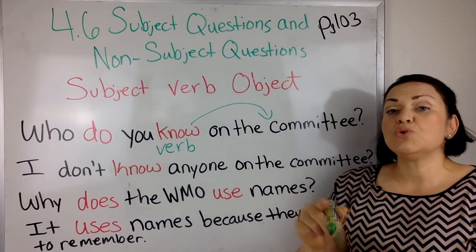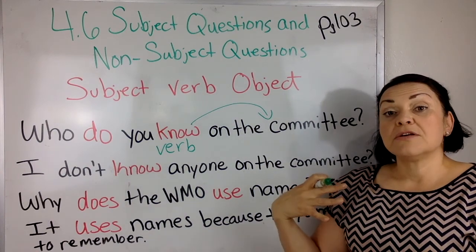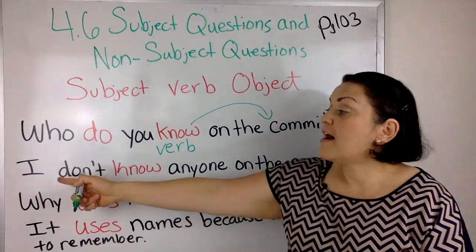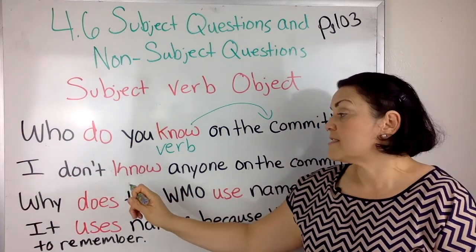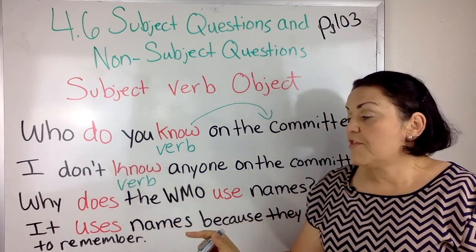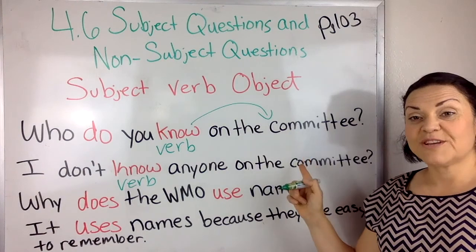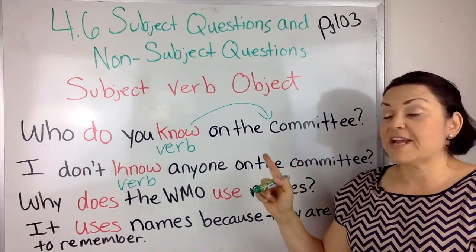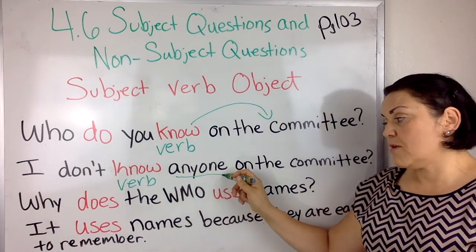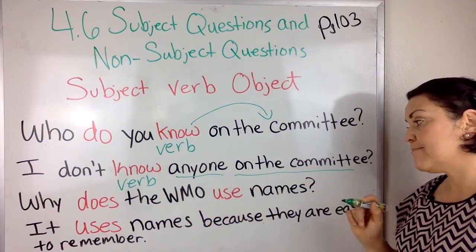Who do you know on the committee? So my answer, because they're asking me, the subject, I don't know. That's the verb. And they're asking about who, the committee. So it's you answering. I don't know anyone on the committee.